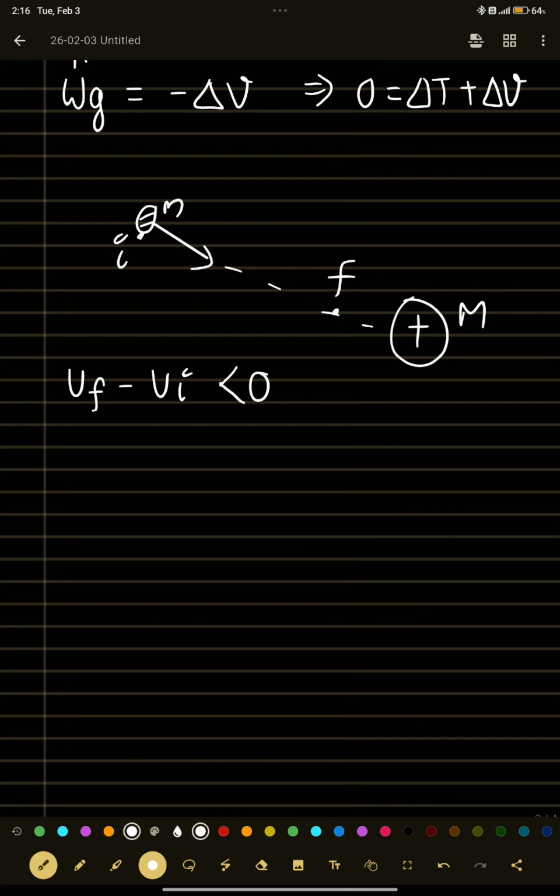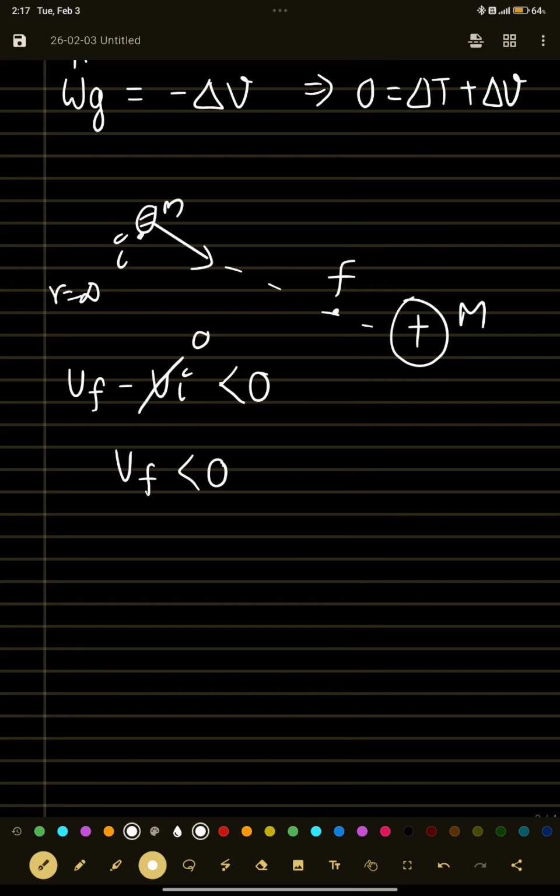If del V is not negative, the left hand side will not be 0. Okay, so by the definition of this datum, we have chosen the initial at r equal to infinity to be 0. तो Vf क्या होगा?